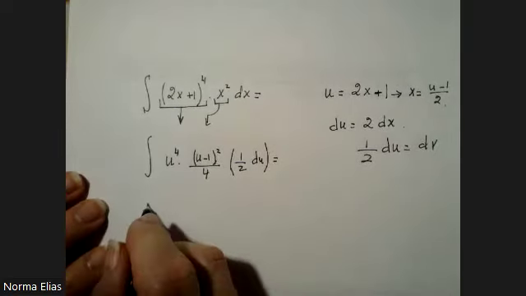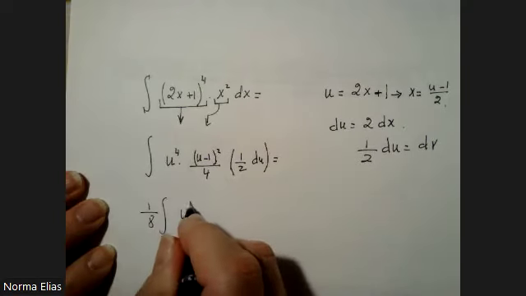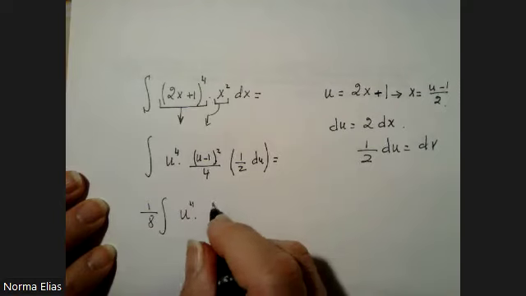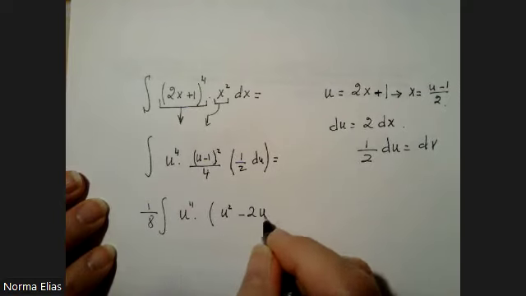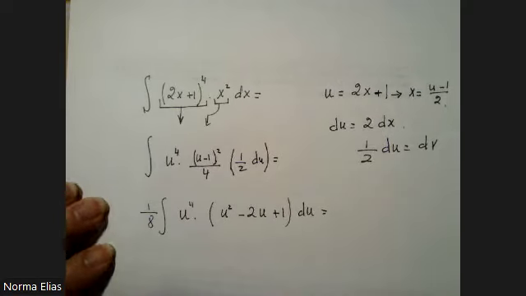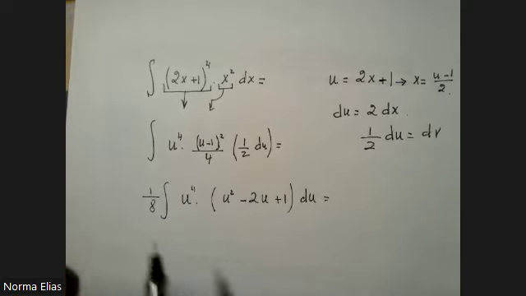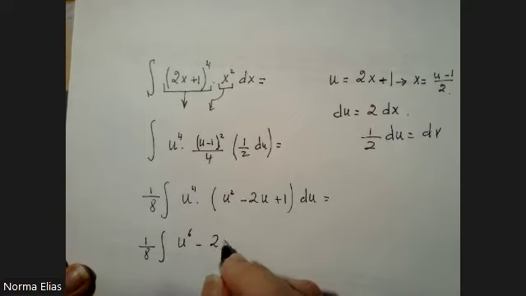So now it becomes slightly easier than before. 4 and 2 are constants, I take them out. u to the 4. Now (u minus 1) squared is relatively easy. And now I am back to very basic kinds of integrals. This would give me 1 over 8 times the integral of (u to the 6 minus 2u to the 5 plus u to the 4) du.